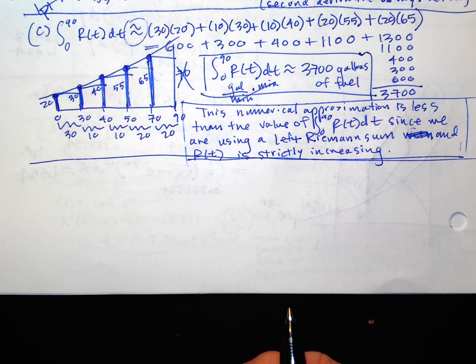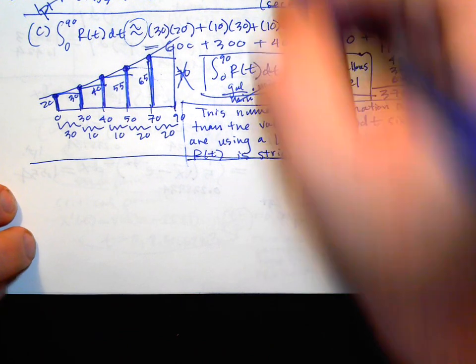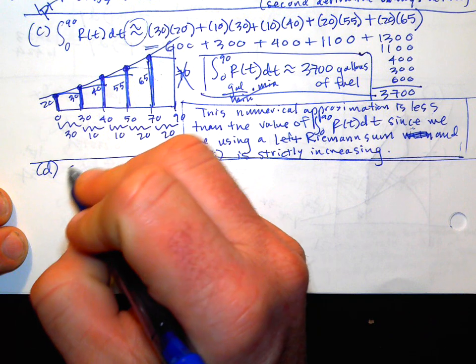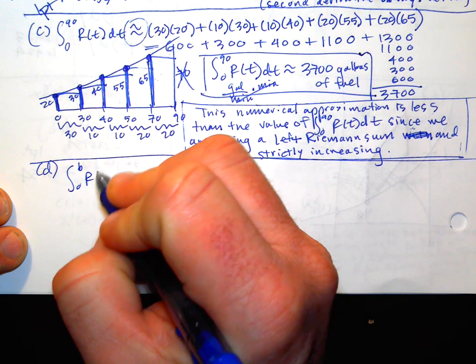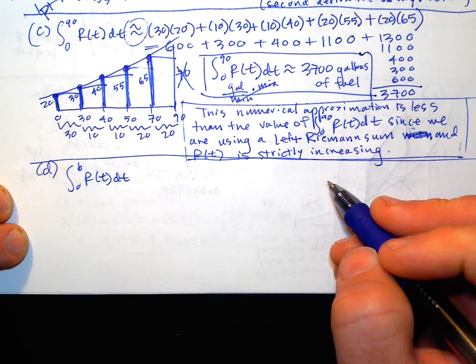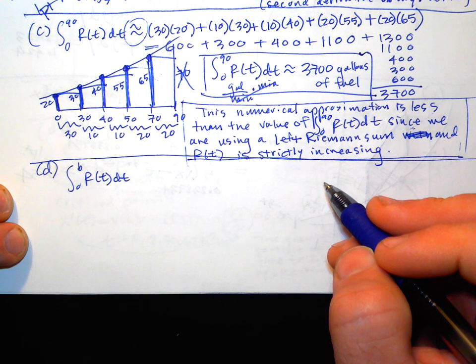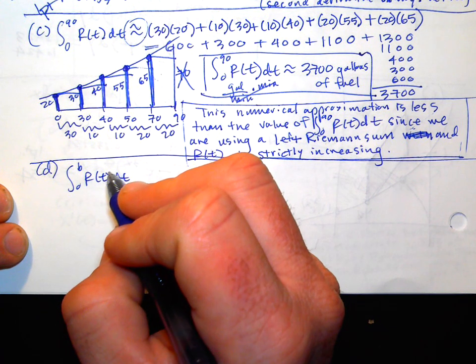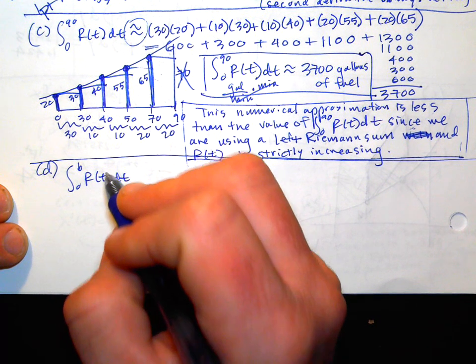Part D says, from 0 to 90, explain the meaning of the integral of 0 to b of R(t) dt in terms of fuel consumption for the plane. What does that mean? Well, this is a derivative. R is a rate, right, of fuel per hour.